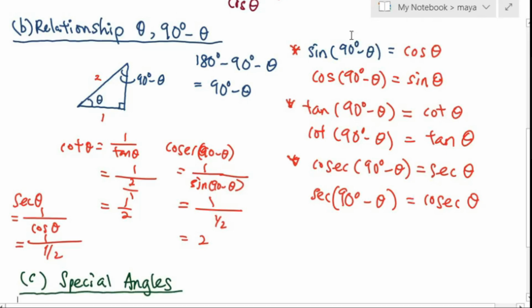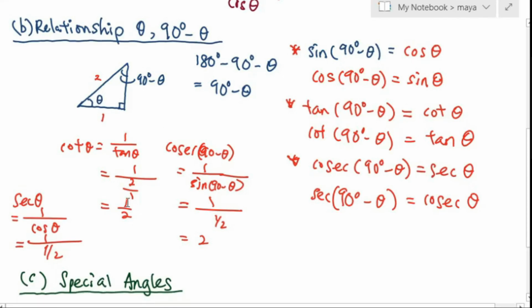The characteristic of this relationship is 90 degree minus theta, the opposite angle. You can recognise this characteristic, then you will know when to use it.